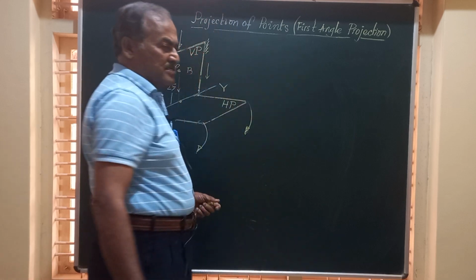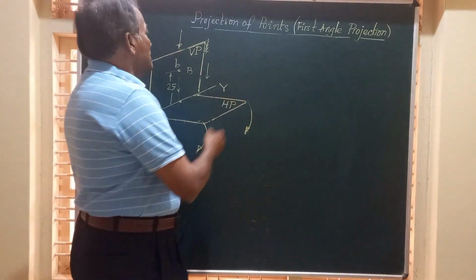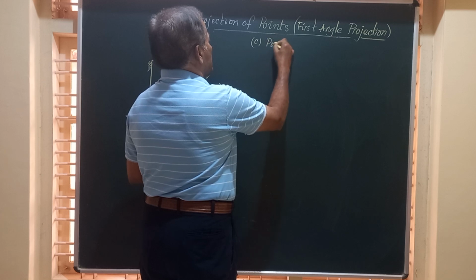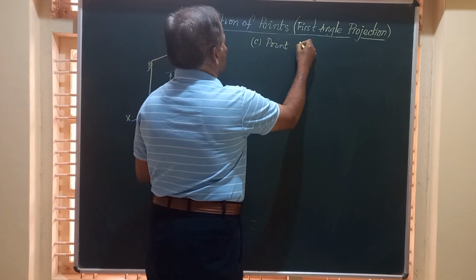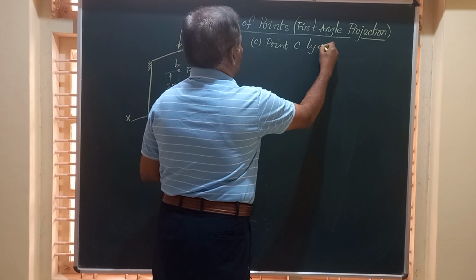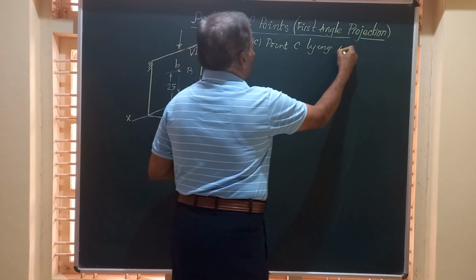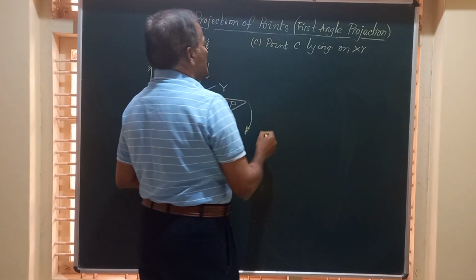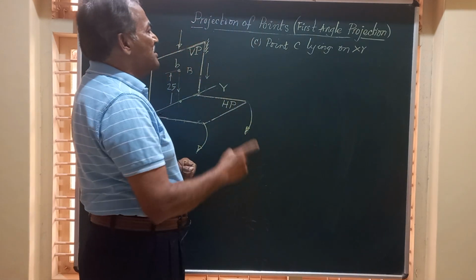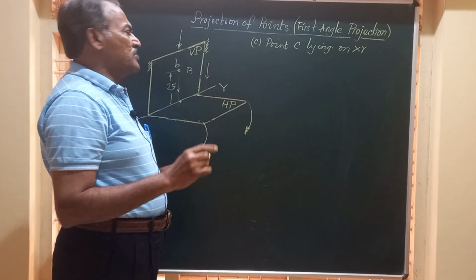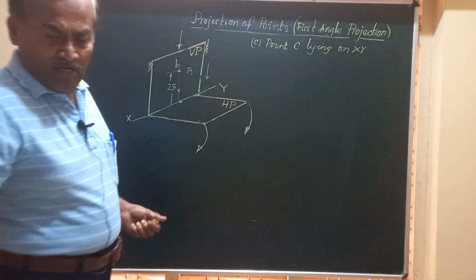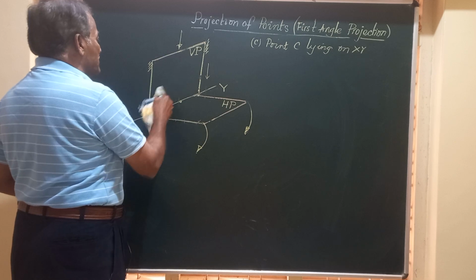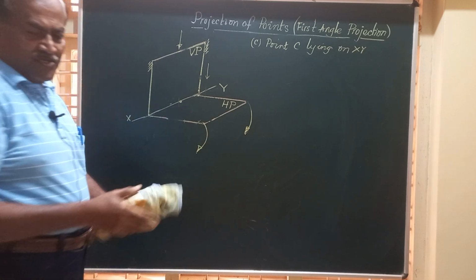The third case is case number 3 or C. Point C lying on XY. So what's the meaning of this? There is a point C which is lying on XY. The point lying on XY means it is on the line of intersection of VP and HP.